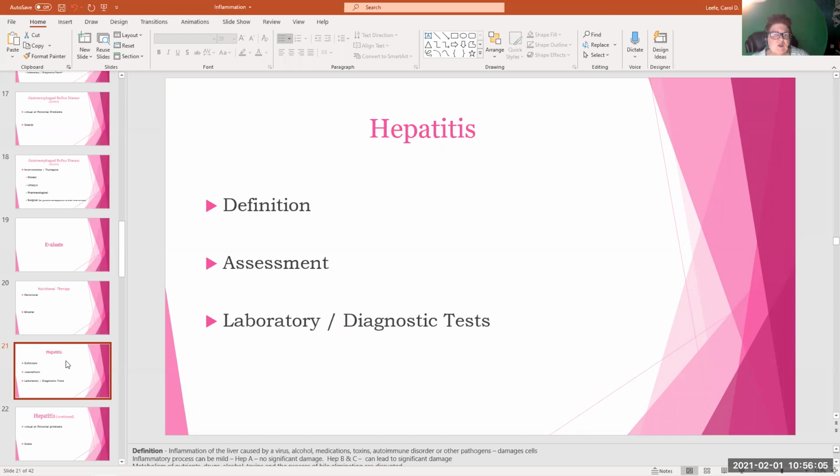The inflammatory process could be mild, like with hepatitis A, where there's no significant damage, but it still lasts 9 to 11 weeks and has flu-like symptoms. Whereas hepatitis B and C can lead to significant damage and cirrhosis, which is liver failure and possibly transplant, depending.